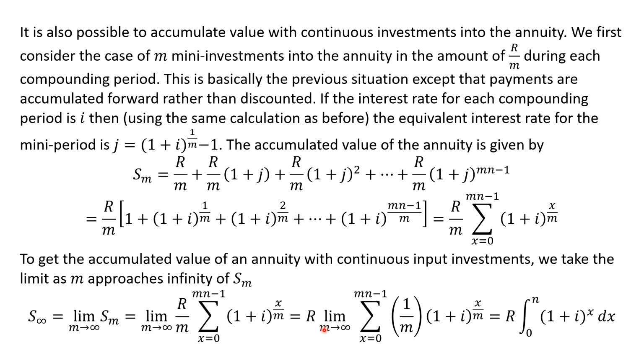We factored the R out. This all looks very similar to what we had before. And then this is the Riemann sum, equivalent to this integral here. Let me continue on the next slide. But this is the key point, recognizing this is the Riemann sum for this integral as m goes to infinity.